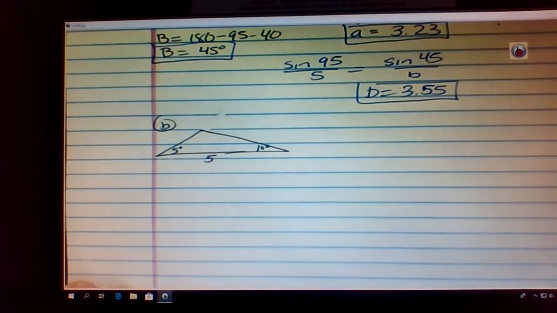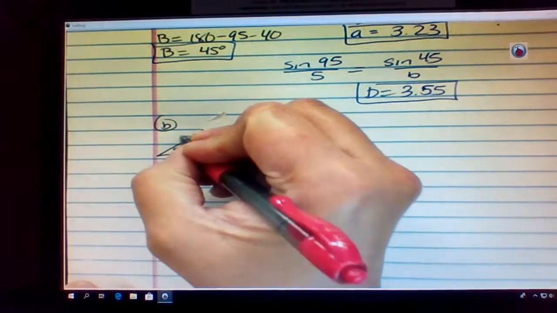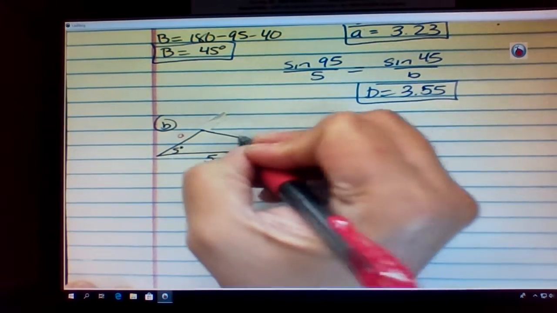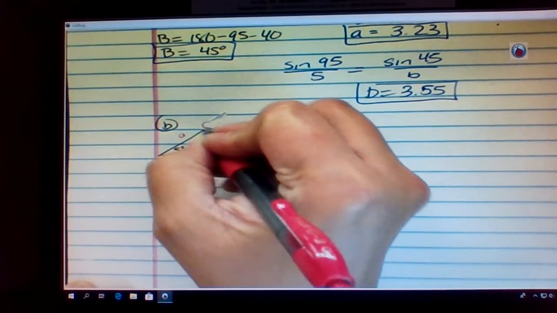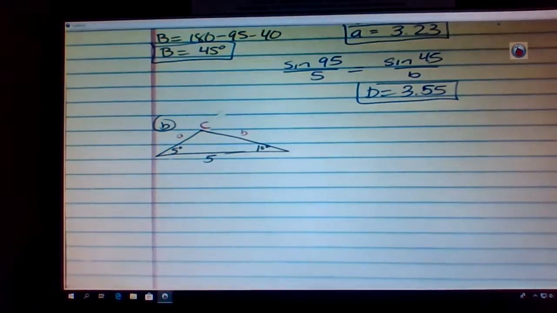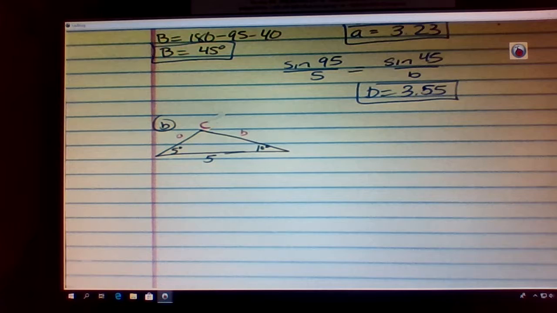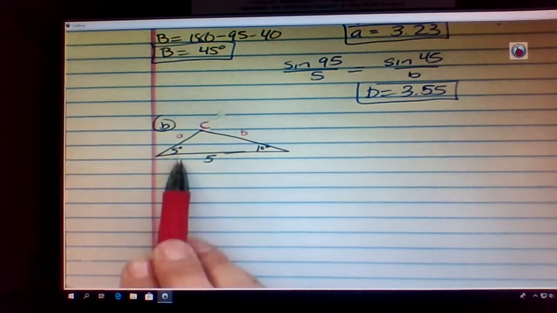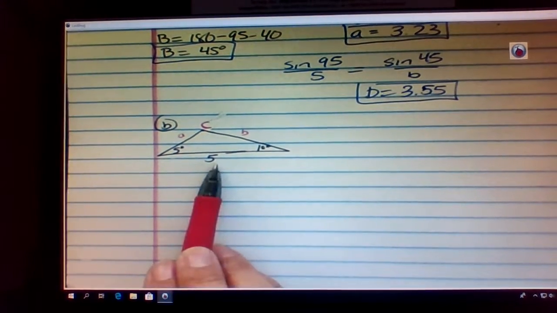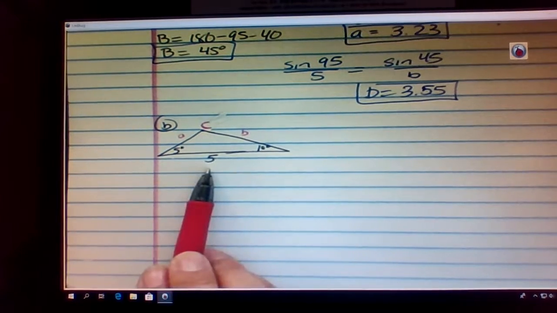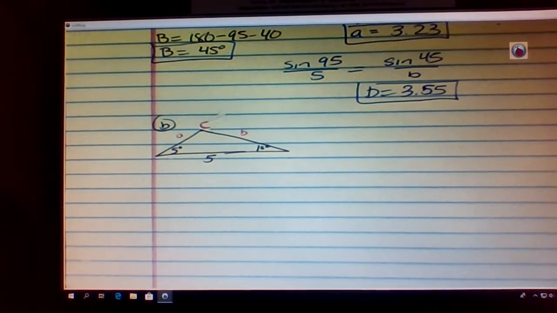They want you to find little a, little b, and angle C. So it's 5, 10, and a 5. Work on that one, figure out your a, little b, and little c, and then I'll give you the answers.